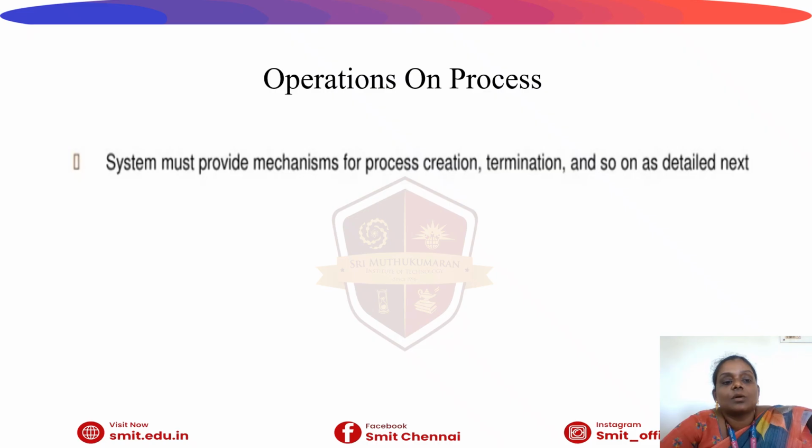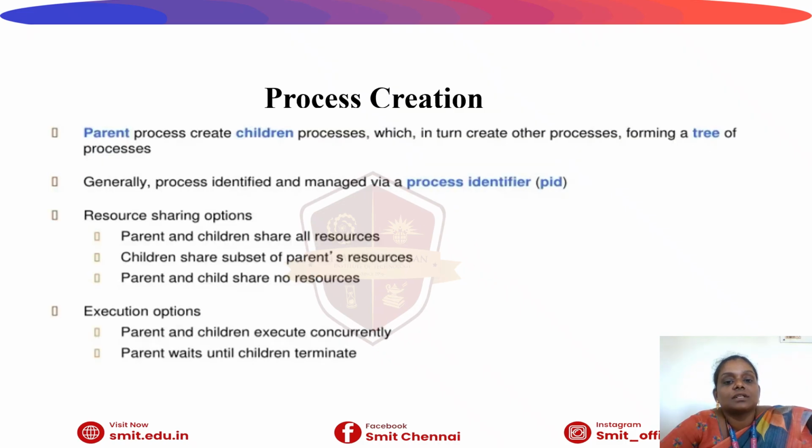Operations on process: a process can create, execute, wait and terminate. That is operation and process creation. A parent process can create a child process, which in turn can create other processes, forming a tree of processes.